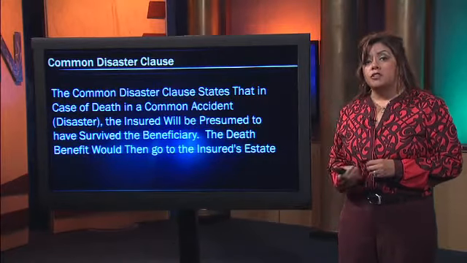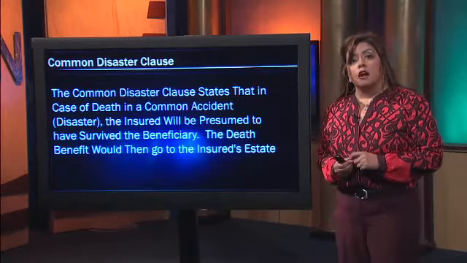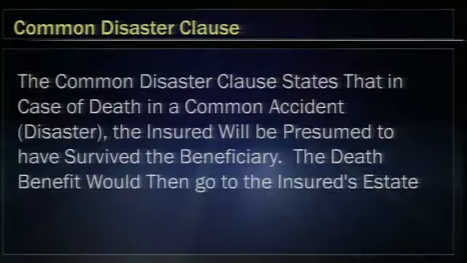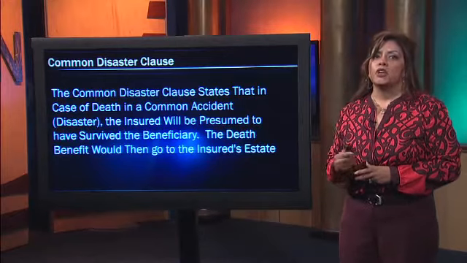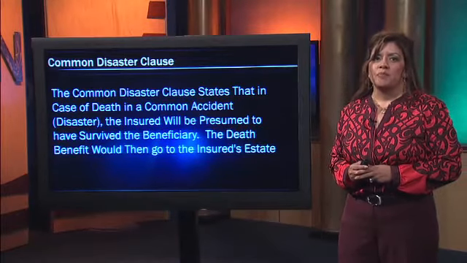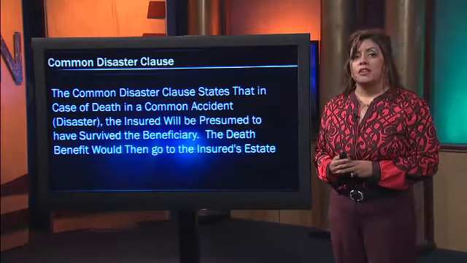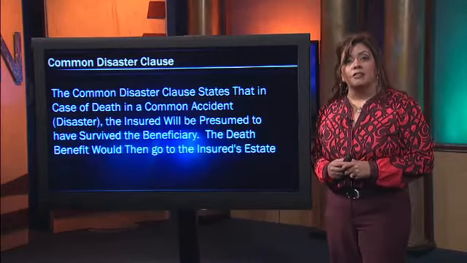Well, the common disaster clause says that if they died in a common accident, it will assume that the primary beneficiary died first, which means that the proceeds will be paid either to the contingent beneficiary or the estate of the insured if no contingent was named. Again, the common disaster clause is just to keep in line with the intent of the policy owner.